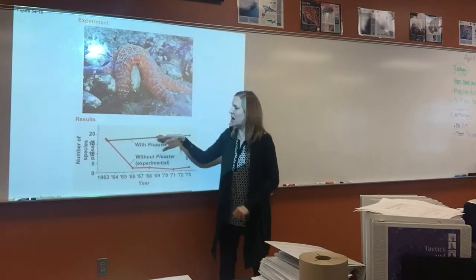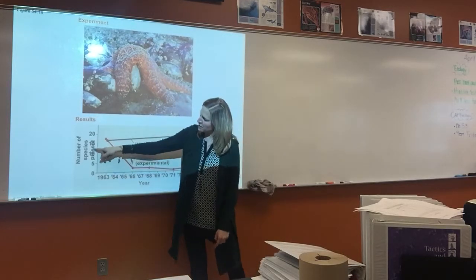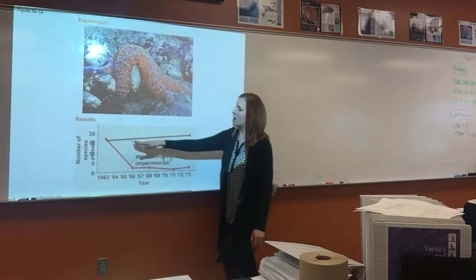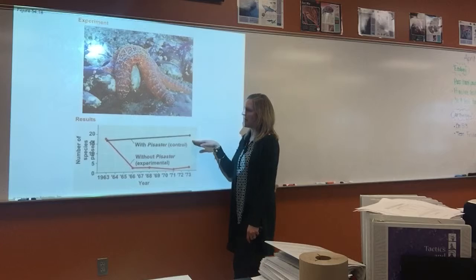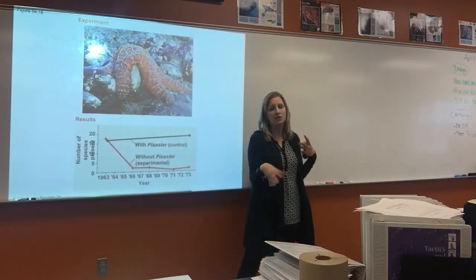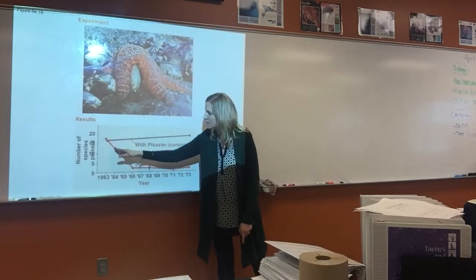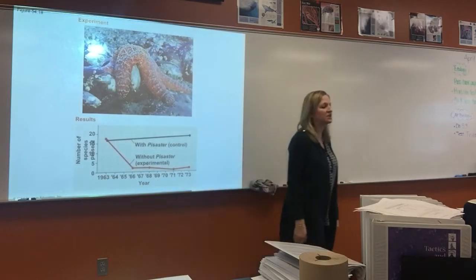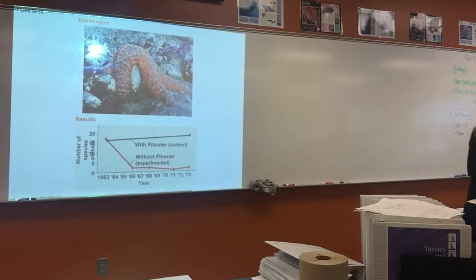And with the sea star, you can see what they're measuring over time is the number of species present. And with the sea star, that seems to remain high. In intertidal communities where they remove the sea star, you can see a dramatic decline in the species diversity in that community.